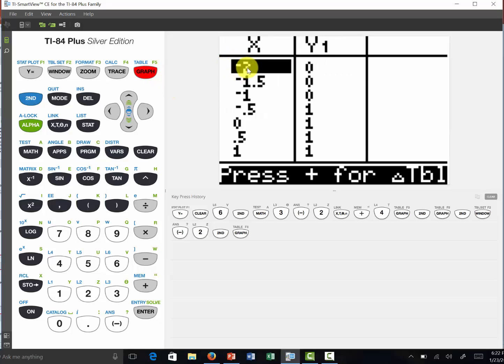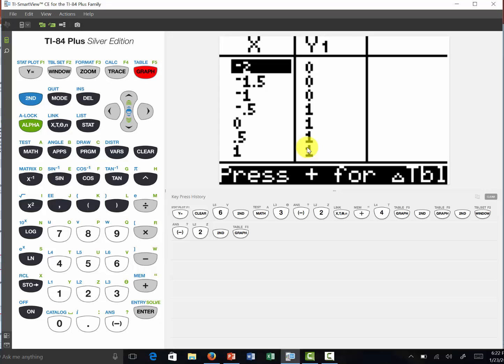When x is negative 2, we have a false statement. Y is 0. Negative 1.5, it's still 0. When x is equal to negative 1, it's a false statement. But as soon as we start getting values bigger than negative 1, the calculator is going to report a value of 1, which is a true statement. So this agrees with our solution of x is greater than negative 1.